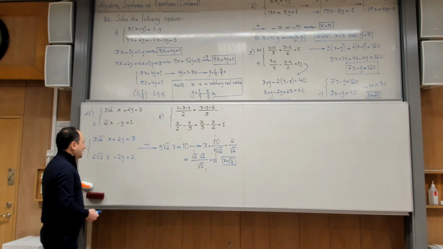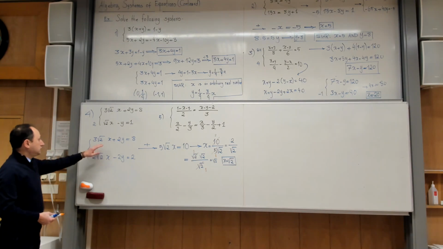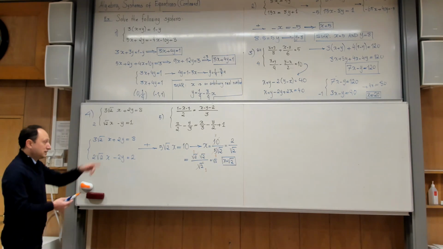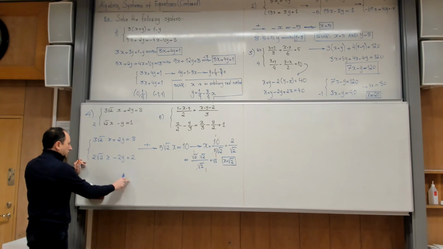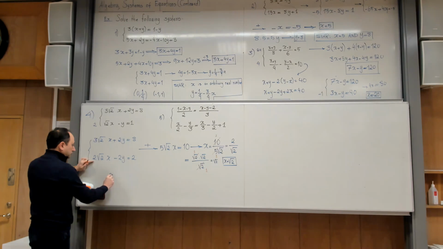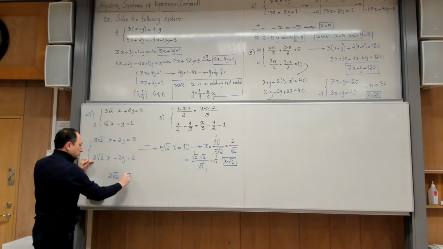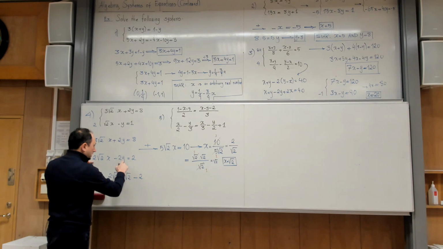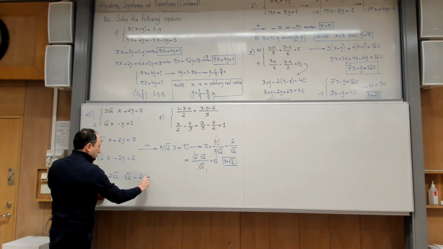Okay, and then I have to go back either to this equation or that equation, whichever you prefer, but I think probably the second one is a little bit easier, isn't it? The numbers are smaller. So I replace x with the value that I got, so it becomes 2 square root of 2 instead of x multiplied by square root of 2, and then I have minus 2y equals 2.